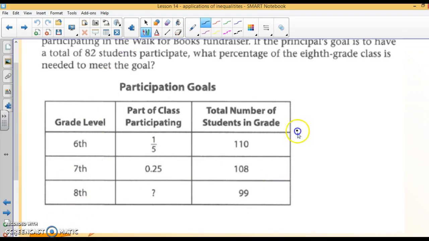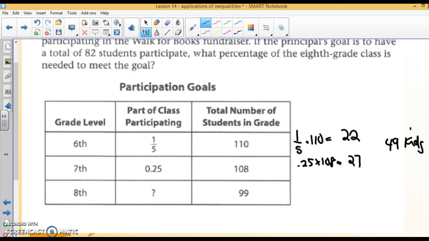So 1/5 of 110 is 22. 22 6th graders. 0.25 of 108, which is really a quarter, is 27 7th graders. So 6th graders and 7th graders, I've got 49 kids.